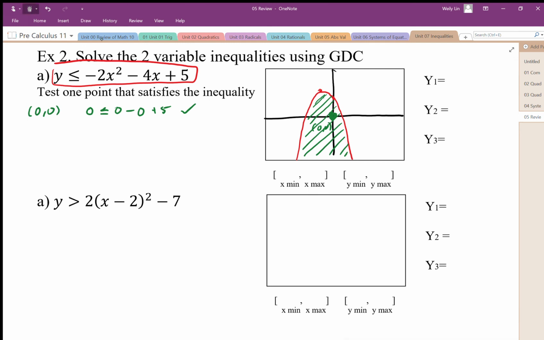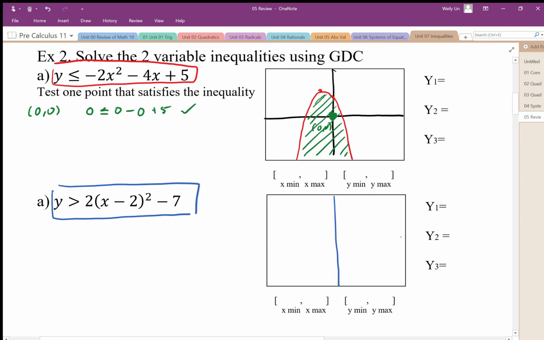For this one here, we're going to graph this. Our graph is a right side up parabola. Let me change that axis to a different color. The vertex is going to be at 2, negative 7.